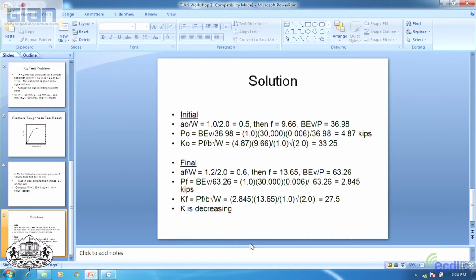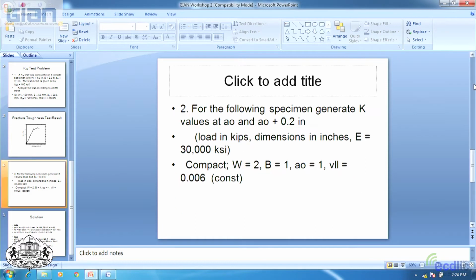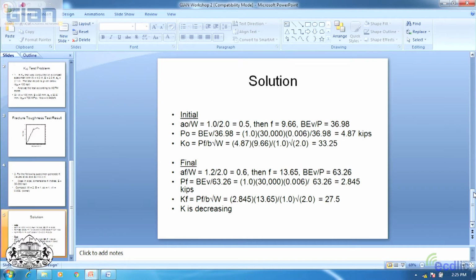33.25. Now, I said in the problem, what I want to do is go back and change the crack size by 0.2 inches. Originally it was 1, now it's going to be 1.2. And I'm going to hold the displacement constant. I don't know if I mentioned that in this problem. So displacement holds constant.